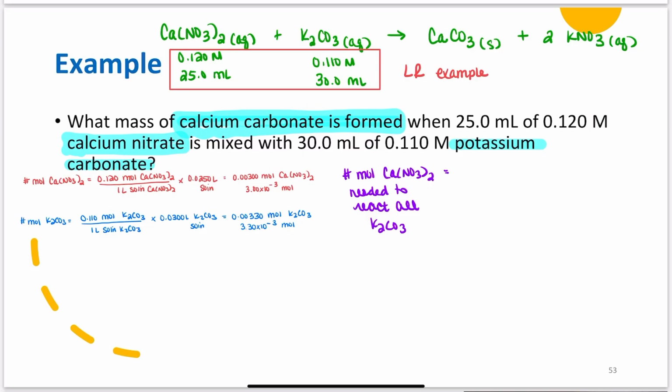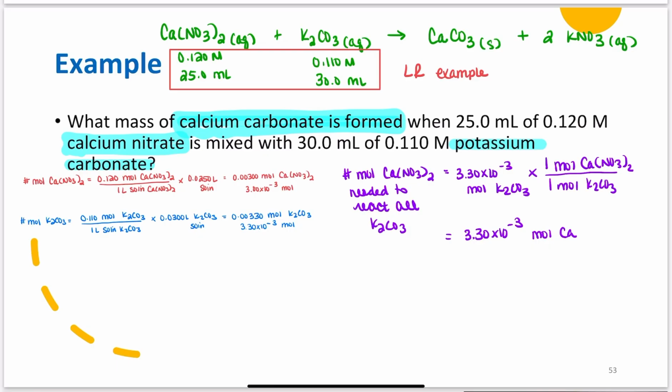I know I have 3.30 × 10^-3 moles of the K2CO3, and the balanced equation is a 1-to-1 ratio, which means that 1 mole of calcium nitrate is required to react 1 mole of K2CO3, which means I would need 3.30 × 10^-3 moles of calcium nitrate to react all of the potassium carbonate I have. And then I ask myself, do I have enough? And the answer is no, I don't have enough.